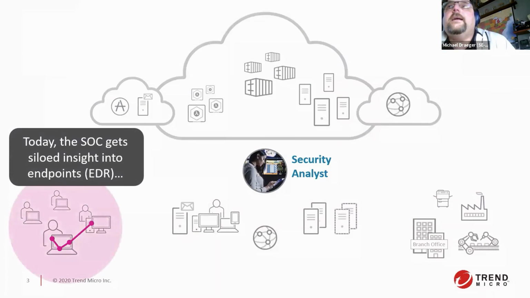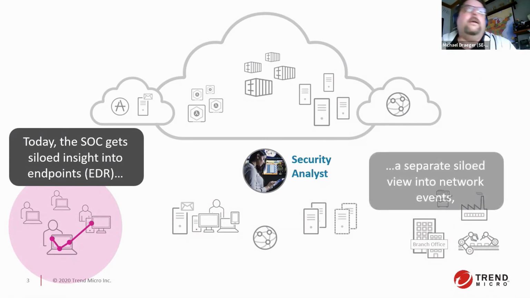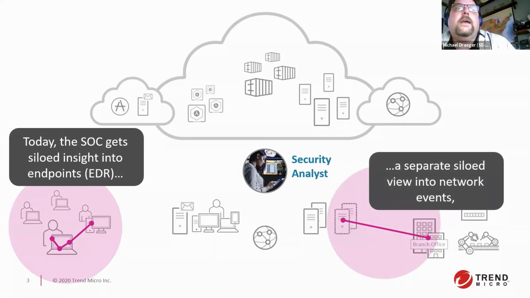Now, a lot of companies say the security analyst's job is tough because there are a lot of silos of visibility. For example, they might be using EDR to get detailed visibility for their endpoints. And then in a separate silo, they're looking at events in their network.